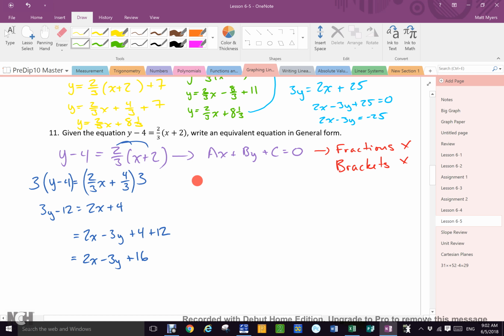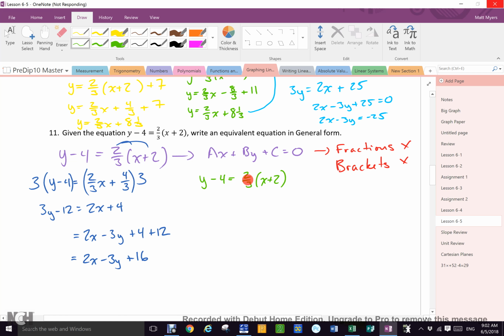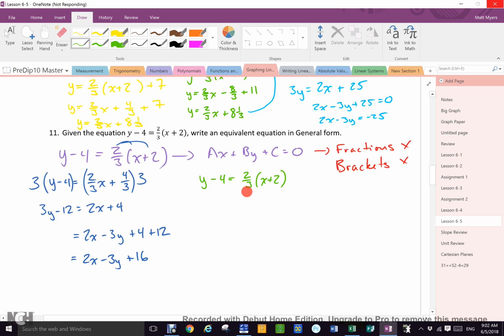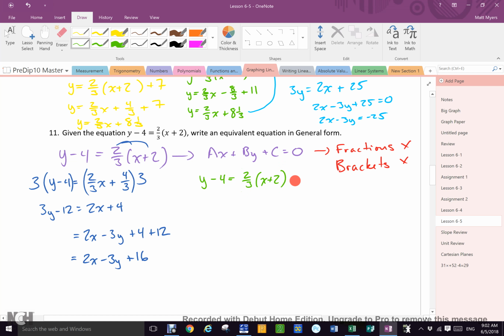Now, I said there's a quicker way. Y minus 4 equals 2/3 x plus 2. I don't need to distribute this fraction because all of you are scared of distributing fractions. So why not get rid of it now? If I get rid of that and I multiply this side by 3, what's the only thing that cancels? Just the 3.